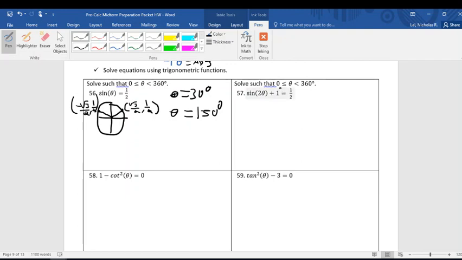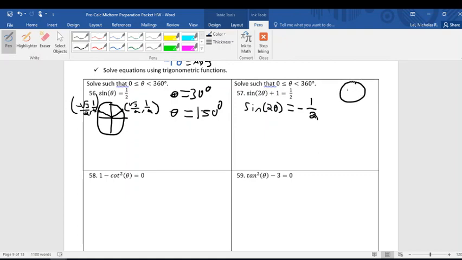Solve such that theta is between 0 and 360 for the sine of 2 theta plus 1 equals 1/2. So now we have the sine of 2 theta equals, subtracting 1, negative 1/2. So looking at this unit circle, when does the sine of 2 theta equal negative 1/2? When does the sine of anything equal negative 1/2?